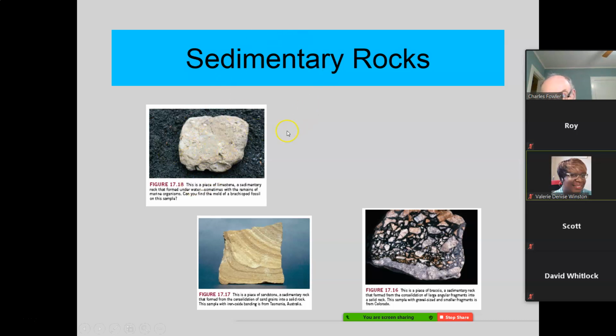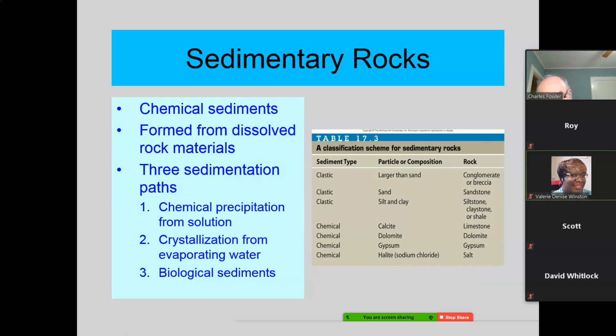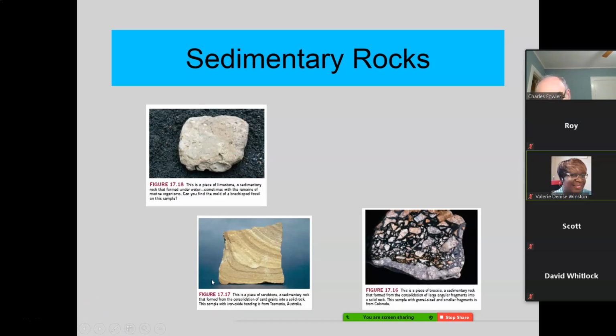Here's another material right here. What does that look like to you? A seashell. Biological sediment. That's what they were meaning back here. You can have biological sediments in a rock. There was an area in Burke County, Georgia, where I grew up, called Shell Bluff. And Shell Bluff is loaded with pieces.